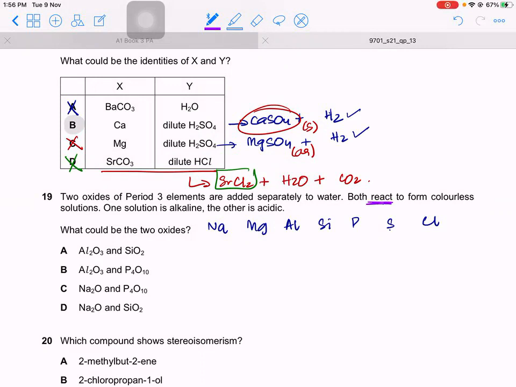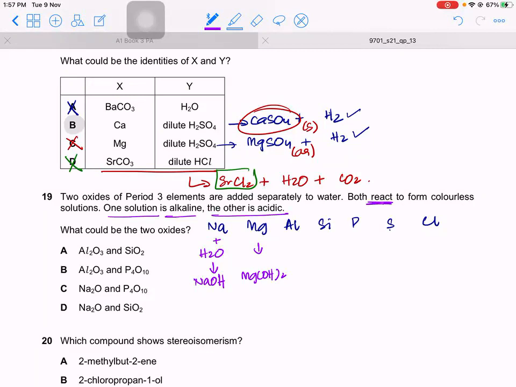When you add sodium to water, what will you get? NaOH. Magnesium will give you magnesium hydroxide. Now they're saying both react to form colorless solutions. One solution is alkaline and the other is acidic.